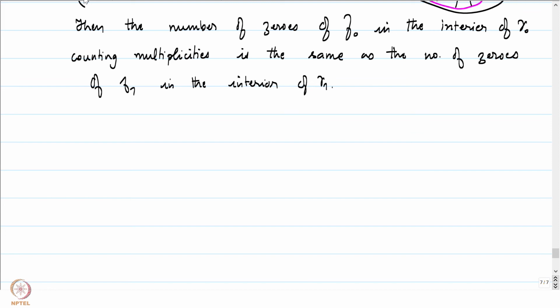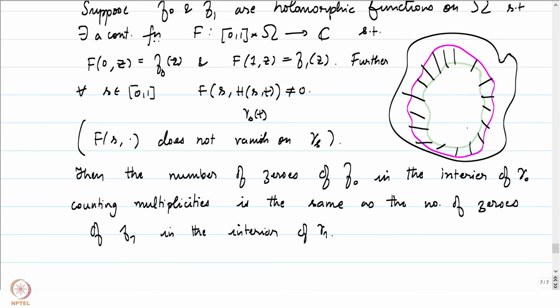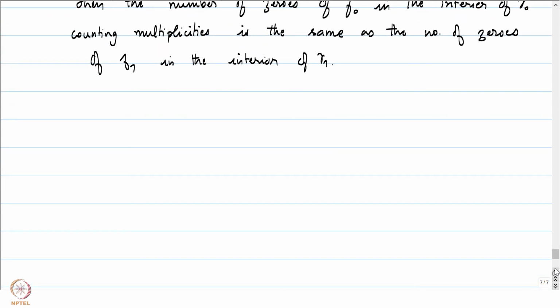The theorem that we just wrote down about stability tells us that the zeros of f_0 in the interior of gamma_0 and the zeros of f_1 in the interior of gamma_1 are going to be the same, counting multiplicity. So, if you perturb gamma a bit and if you perturb f a bit, the zeros will not change. The proof, even though the statement is so big, is going to be extremely small.